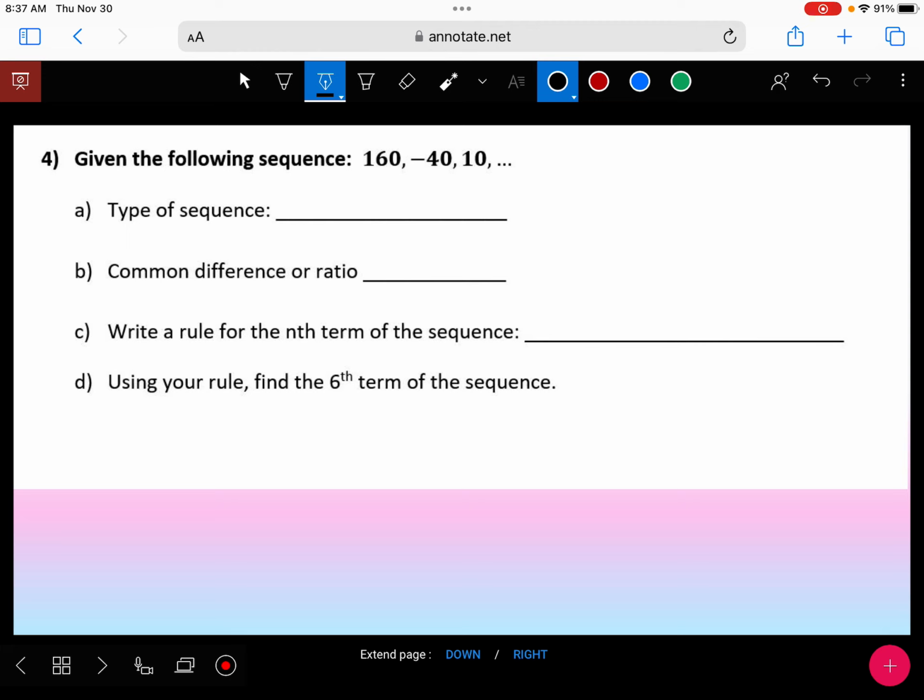Take a minute, do 4 and 5, and then we'll end with those two.